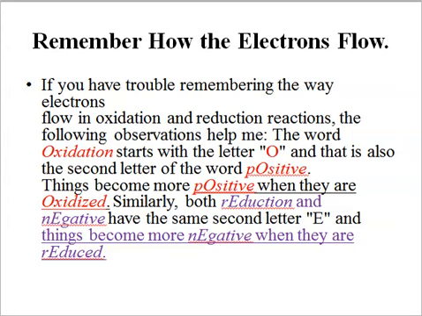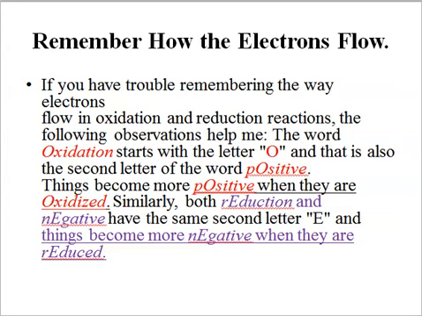Sometimes it becomes confusing how we know how the electrons flow. If you have trouble remembering how electrons flow in oxidation and reduction reactions, there is a hint. This hint helped me, so I thought it might be helpful for you as well.